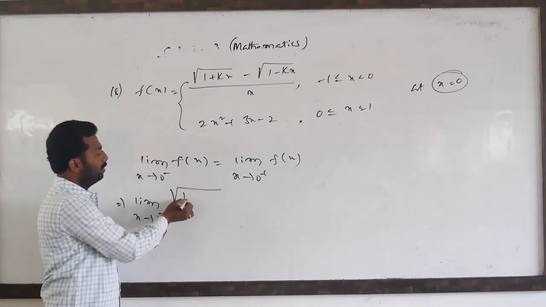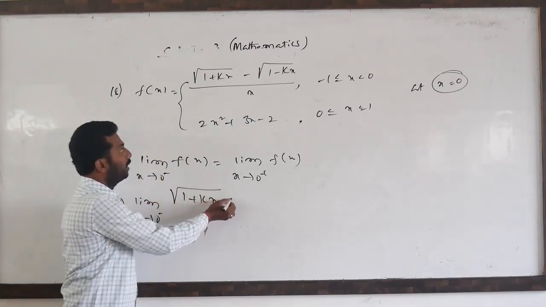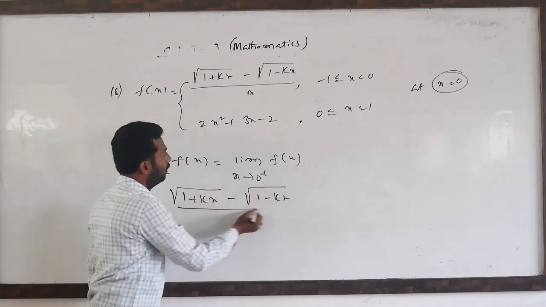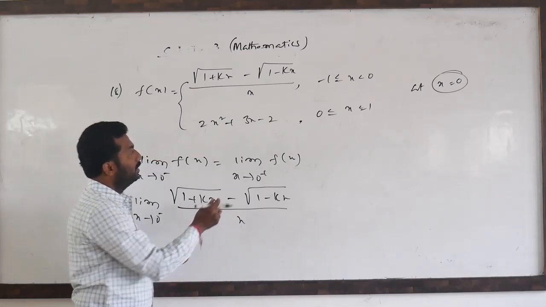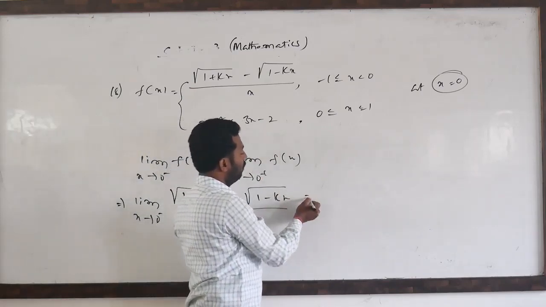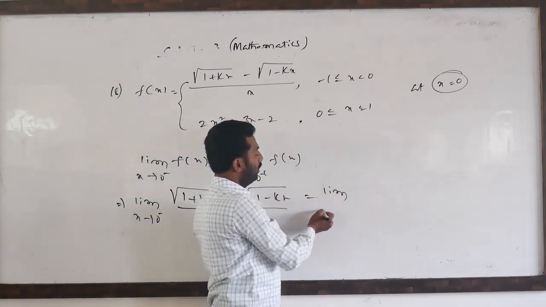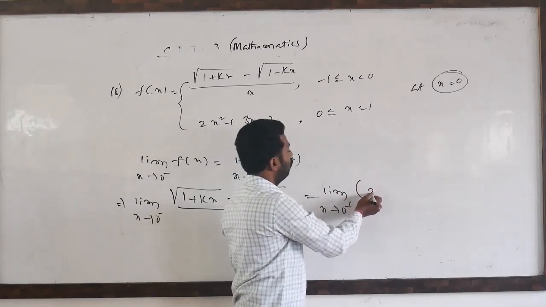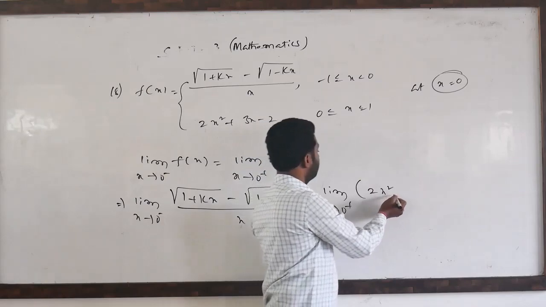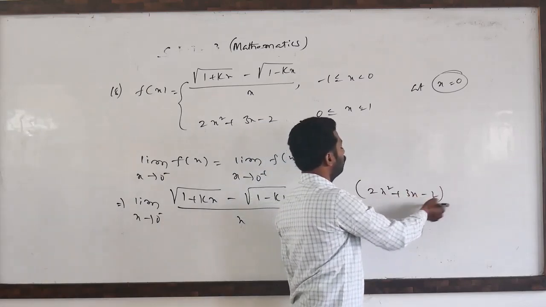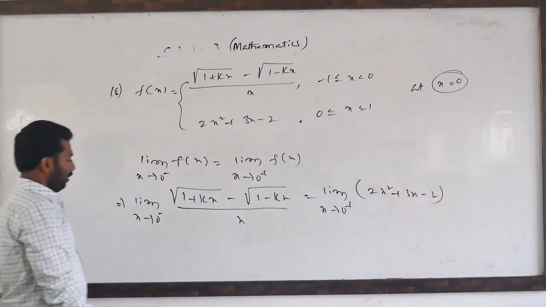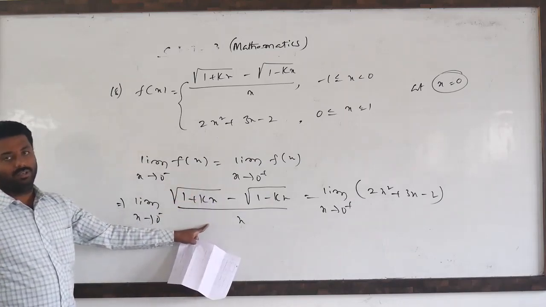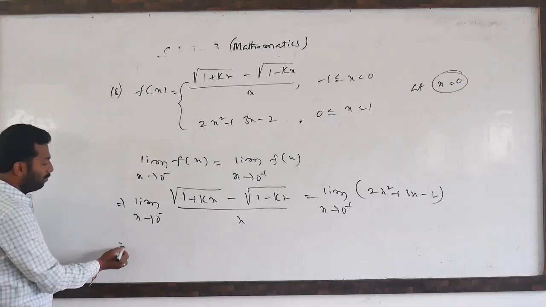So that is root of 1 plus kx minus root of 1 minus kx divided by x. 0 plus means this one. So limit x tends to 0 plus means 2x square plus 3x minus 2. Suppose x equal to 0, it is 0 by 0 form, indeterminate form. So L'Hospital rule we are applying.